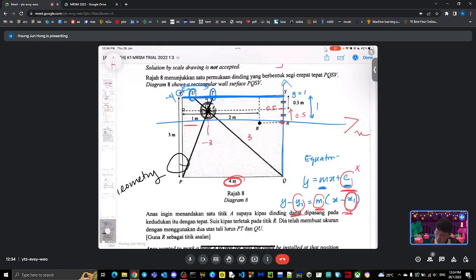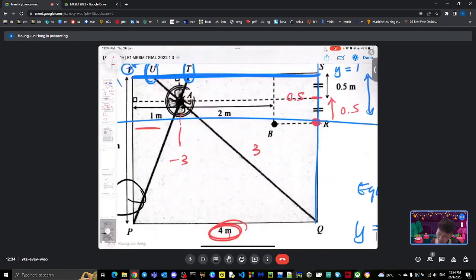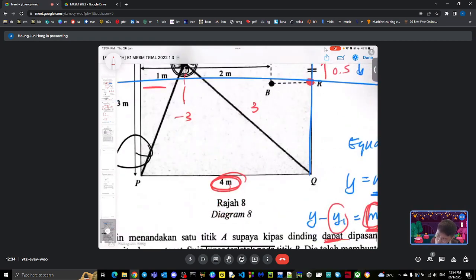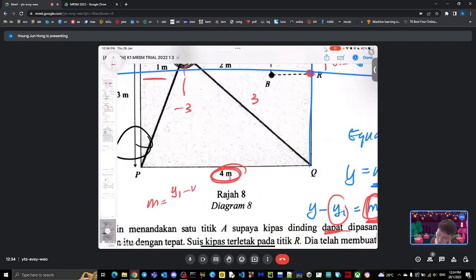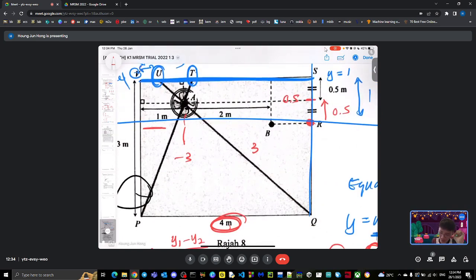Right. So now let's try to find the m of these two lines first. It shouldn't be hard because the formula for m is (y1 minus y2) over (x1 minus x2), right? Yep. So taking the line UQ, we have 3 points here: U, A, Q. We don't know what U is, definitely. But we know what Q is.